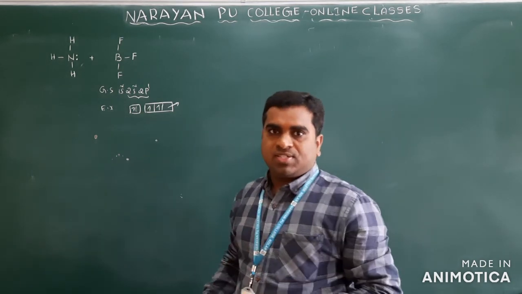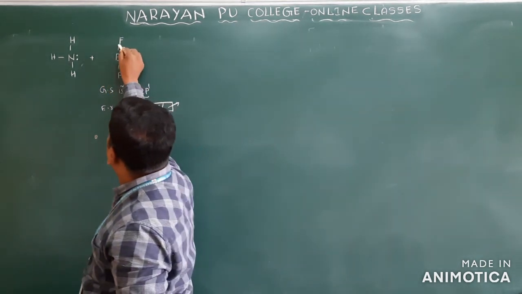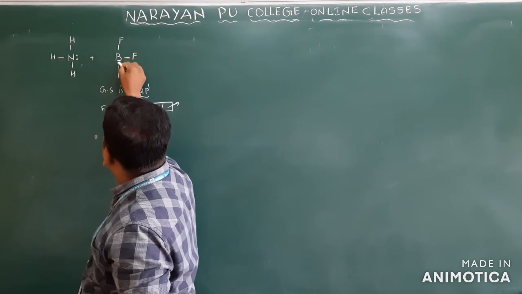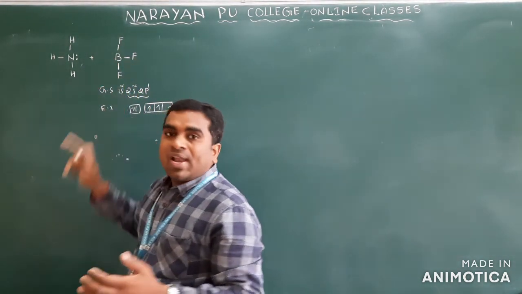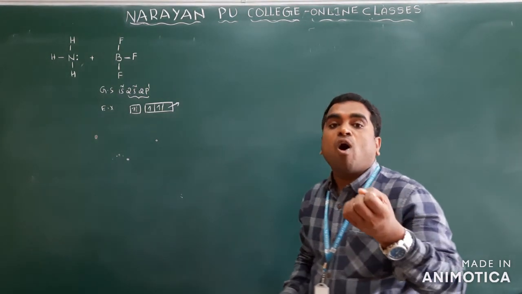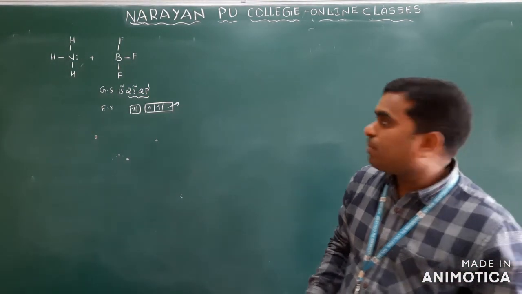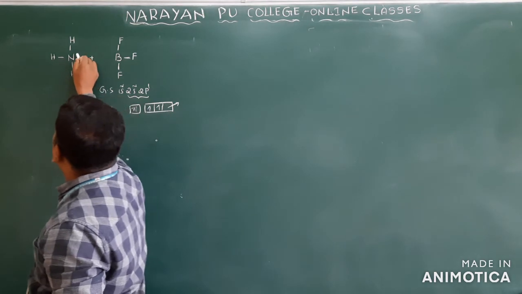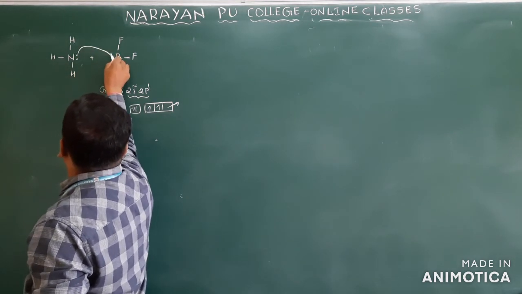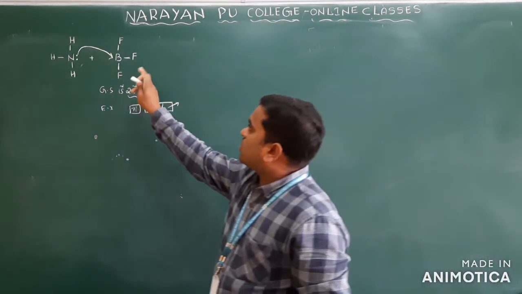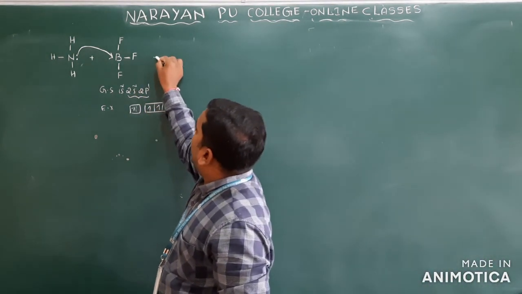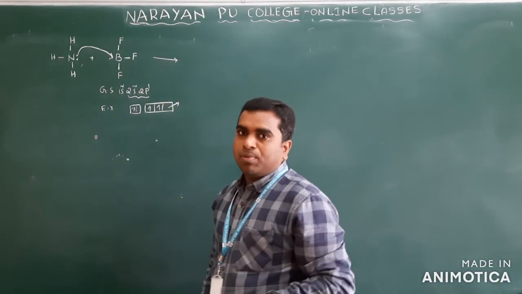So it donates. But here, how many electrons are there? You see, 3 bonds are there. 3 bonds means how many electrons? 6 electrons. So it is 2 electrons less for the octet. So that's why what will happen here? It needs 2 electrons, and this NH3 gives 2 electrons to the boron and forms 1 coordinate bond.